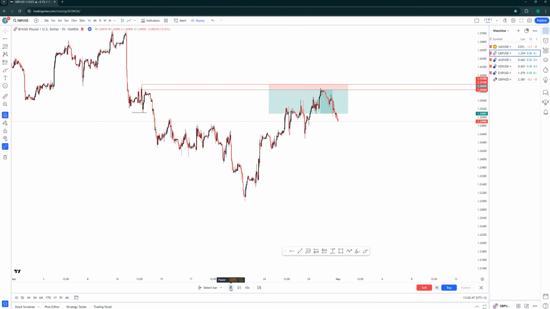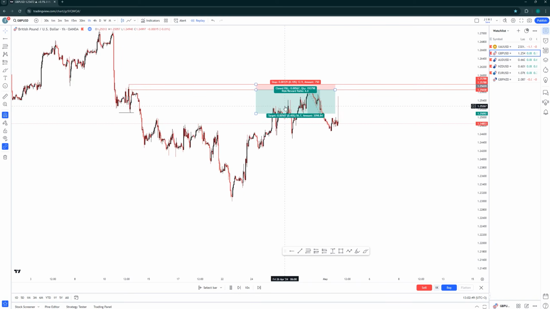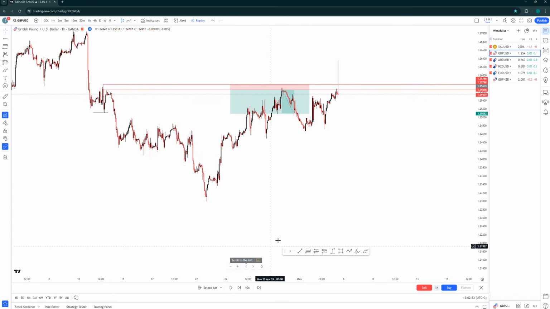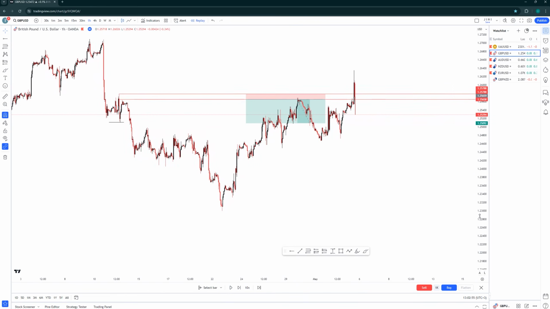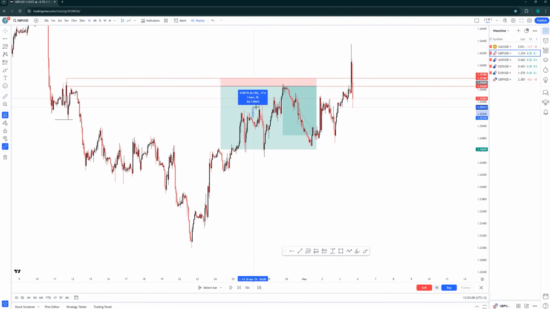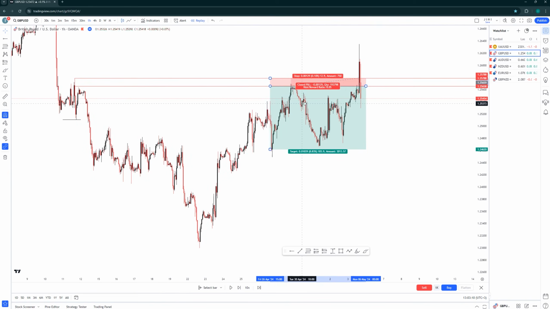What you can see is that the price just went, and then we take that trade, and the take profit will be at this point here. Your first take profit can be at this point, or it can be at this point, but the last take profit will be at this point.